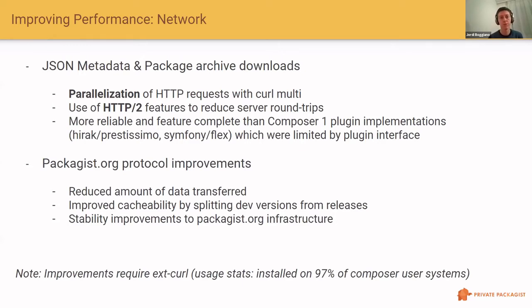Especially for the metadata, where you might need to fetch 100 packages or so, as those are small JSONs, this helps really a lot, especially with HTTP2 and connection pooling, so you don't recreate new connections all the time. Composer 1 was just opening new SSL connections, and that's super slow. So that fixed a lot of problems.